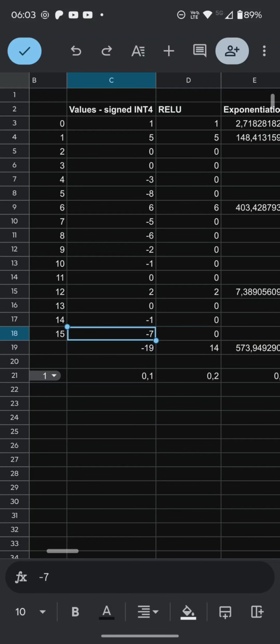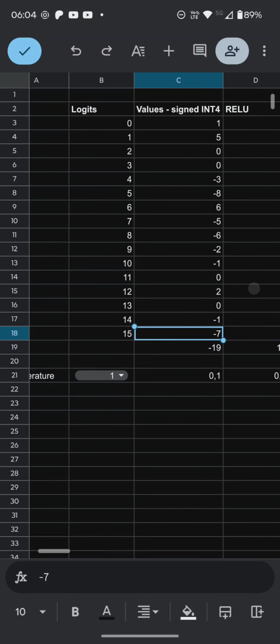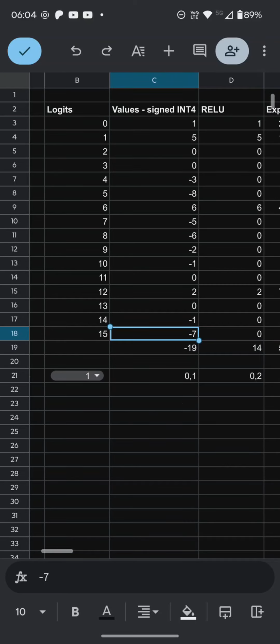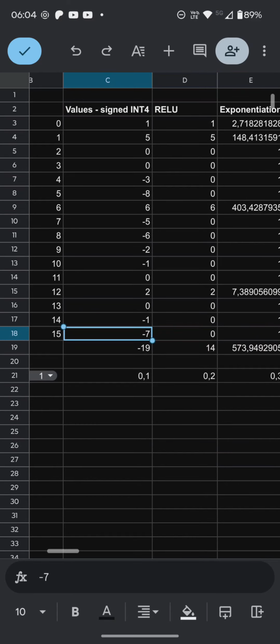You can see here, I used it in a previous example of temperature, where we have 16 logits from 0 to 15 with various values in signed int4, which goes from -8 to 7, but the strongest we have is 6.